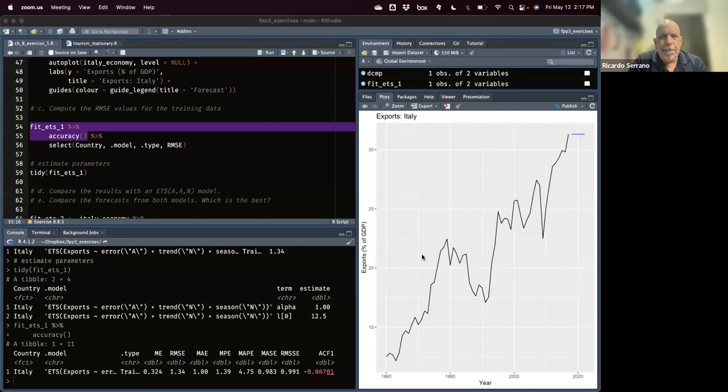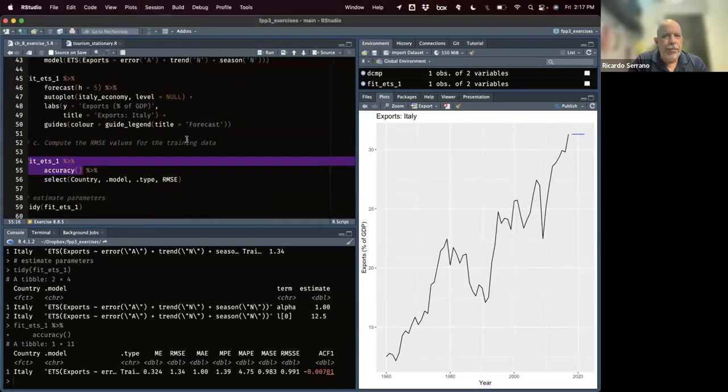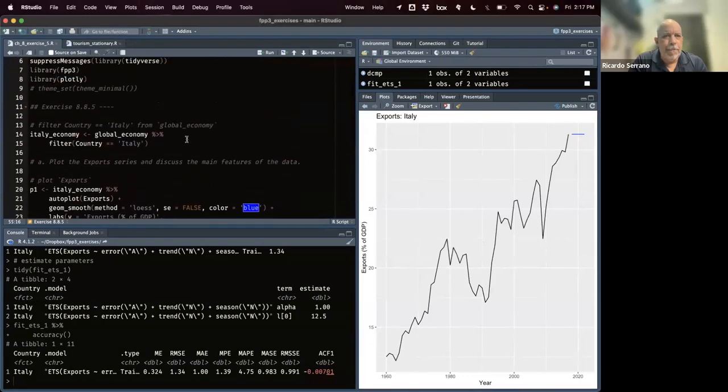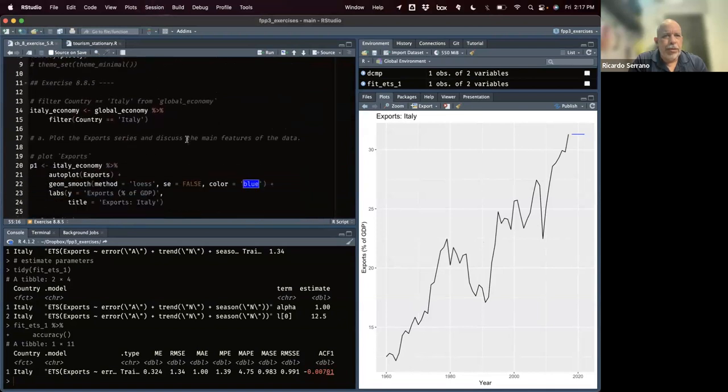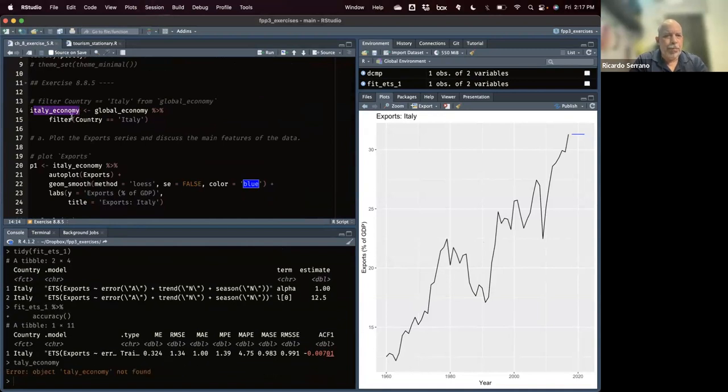Okay, let me go here. Okay, can you see my screen? Yeah. Okay, so we chose the same country, Italy, right? So this is the Italy data set. Let me see if I have it here.